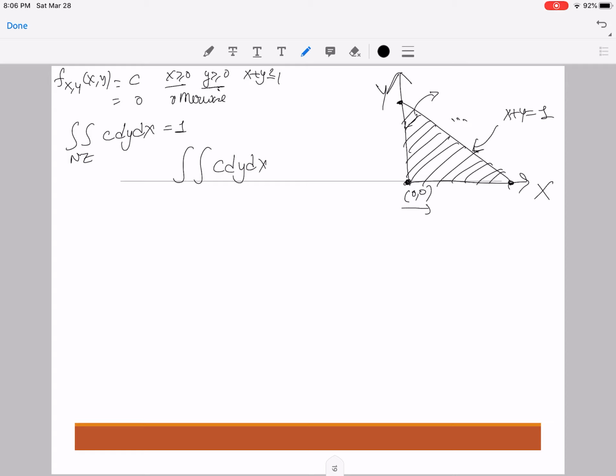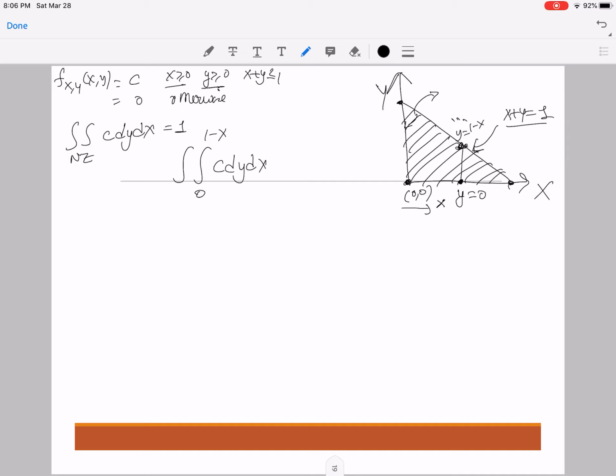For any value x in this region, y varies from 0 until this point where y is equal to 1 minus x, due to this relationship that x plus y is equal to 1 on that line. So that's the extent to which y varies in this region, from 0 to 1 minus x, but no more. Y is always less than or equal to 1 minus x.